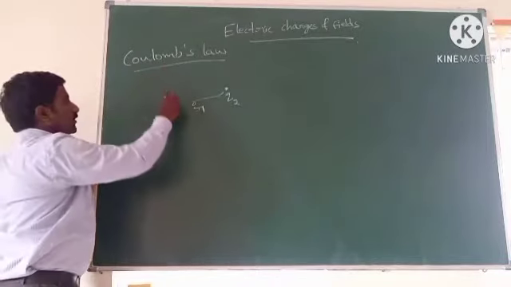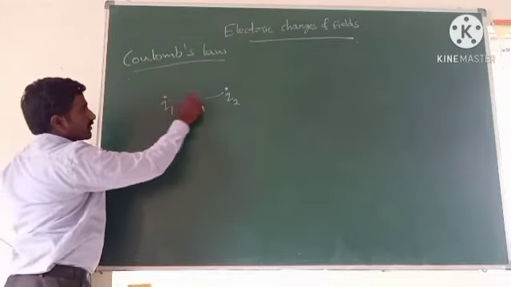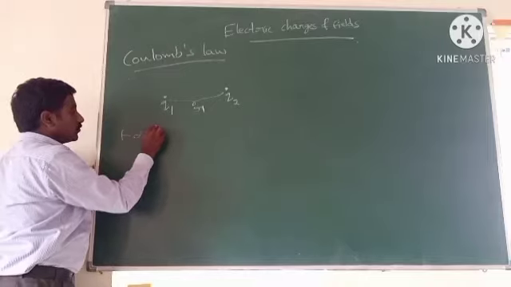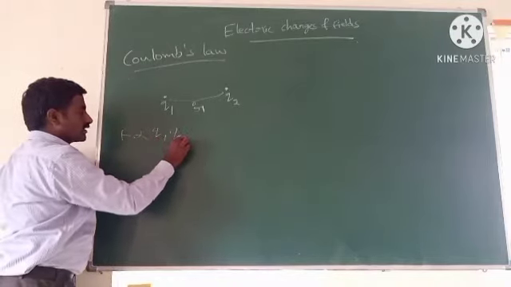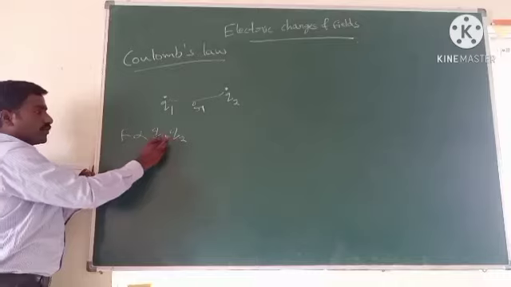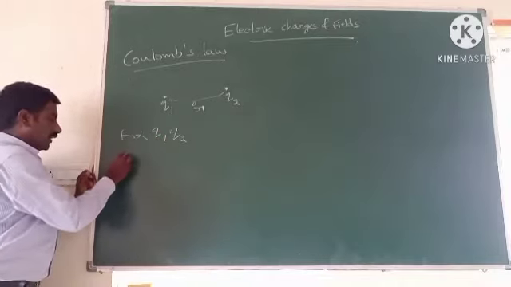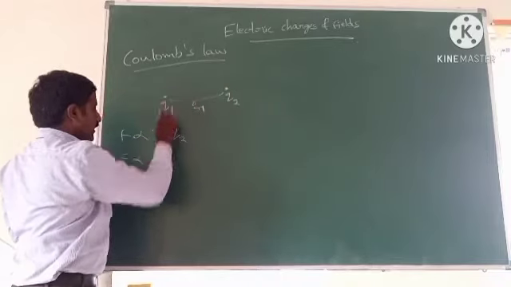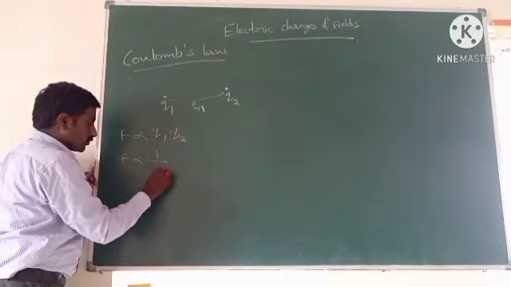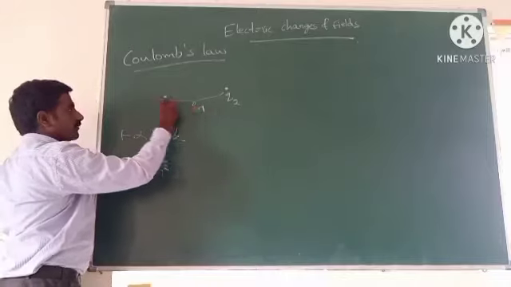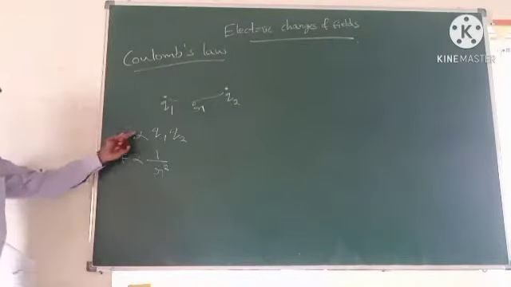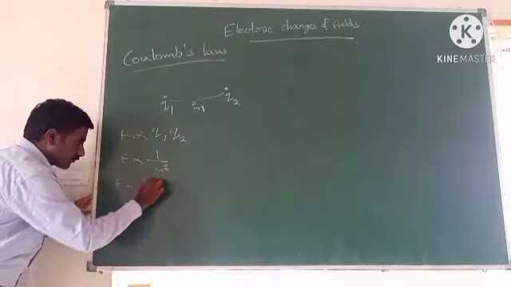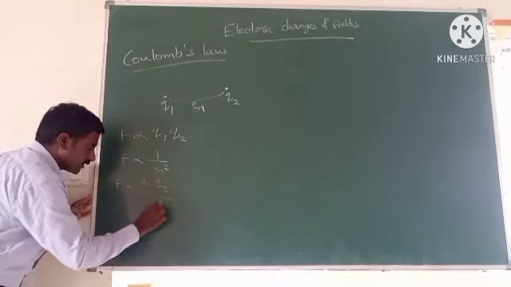Then according to Coulomb, the force of interaction between these two point charges is directly proportional to the product of the two point charges. That is, F is directly proportional to Q1 Q2. And the force of interaction is inversely proportional to the square of the distance between them. Combining these two, F is directly proportional to Q1 Q2 by R square.